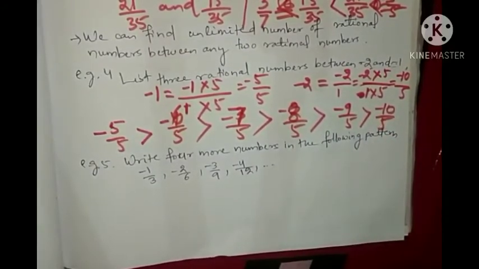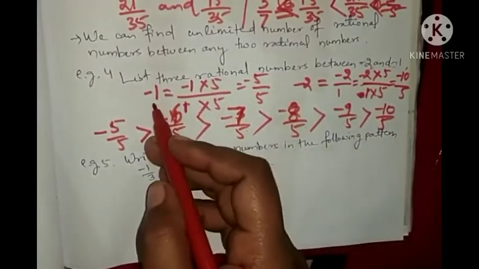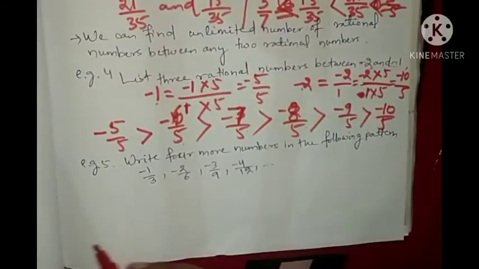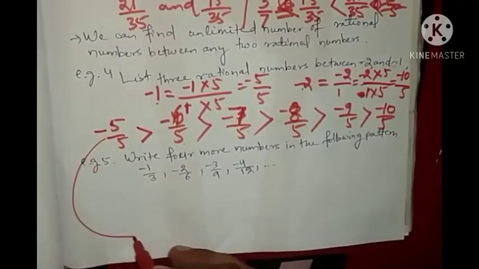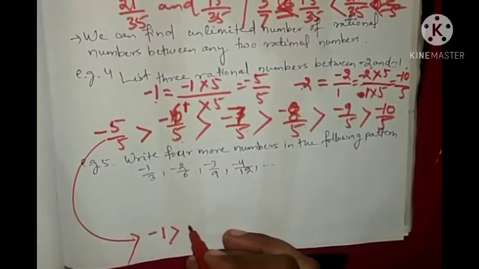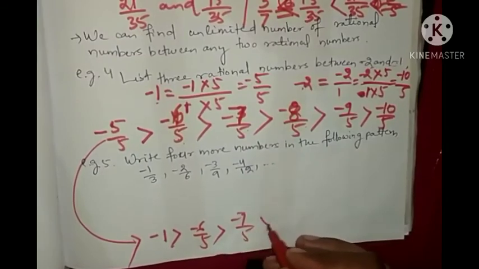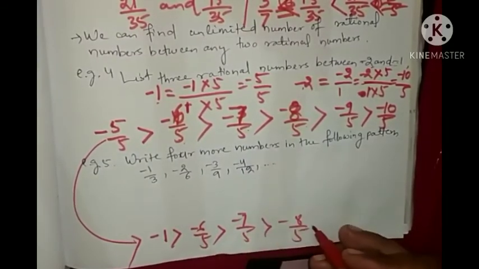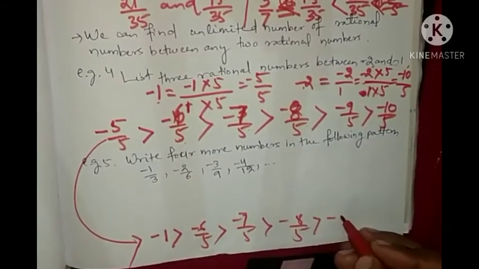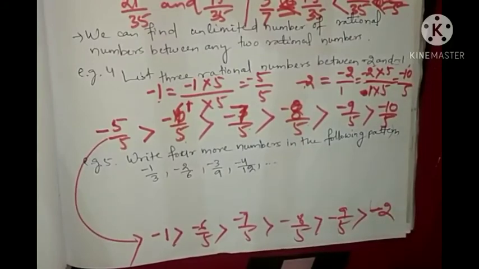So we have found three rational numbers, minus 6 by 5, minus 7 by 5, minus 8 by 5, between minus 1 and minus 2. You can write it as minus 1 is greater than minus 6 by 5, minus 7 by 5, minus 8 by 5, we got 3, then minus 9 by 5, then minus 2. So this is about finding rational numbers.